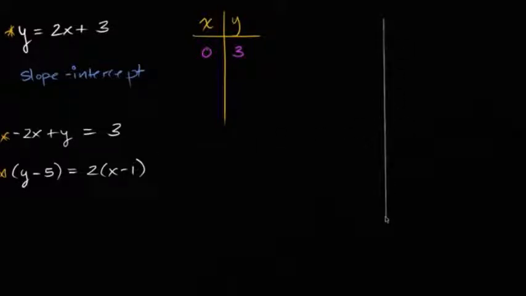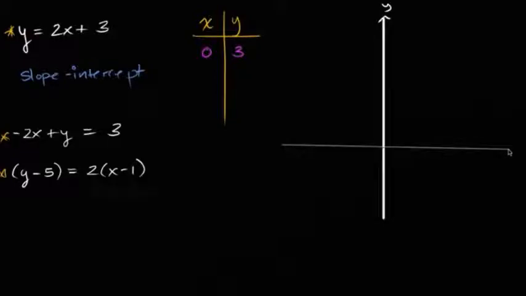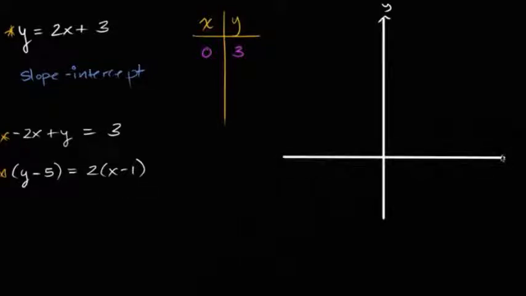So that is my y-axis. And let me do the x-axis. So that can be my x. Oh, that's not as straight as I would like it. So that looks pretty good. All right, that is my x-axis, and let me mark off some hash marks here.